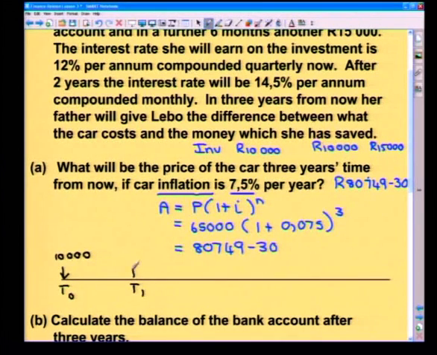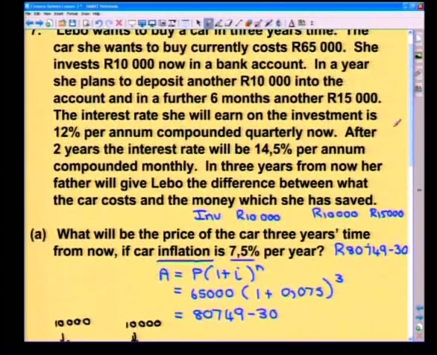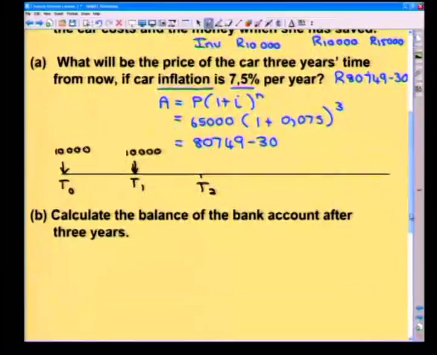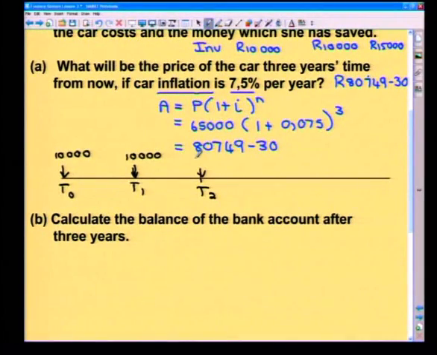At T1, she's going to put in another 10,000 Rand. So there it's going into the account. And then 6 months later, let's just make sure. Okay, it says in a year she plans to deposit another 10,000 into the account, and a further 6 months, another 15,000. So I am right. So in goes 15,000 Rand.